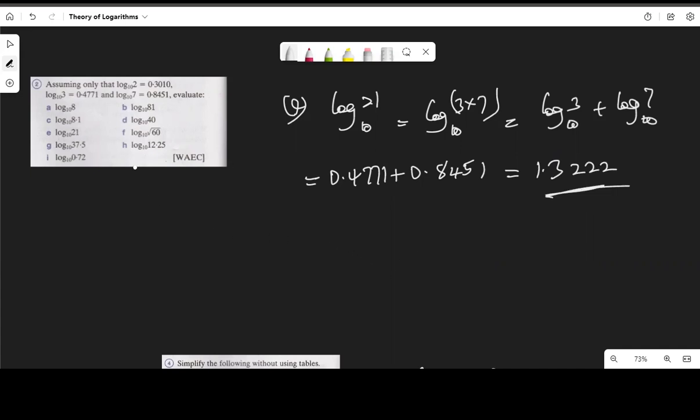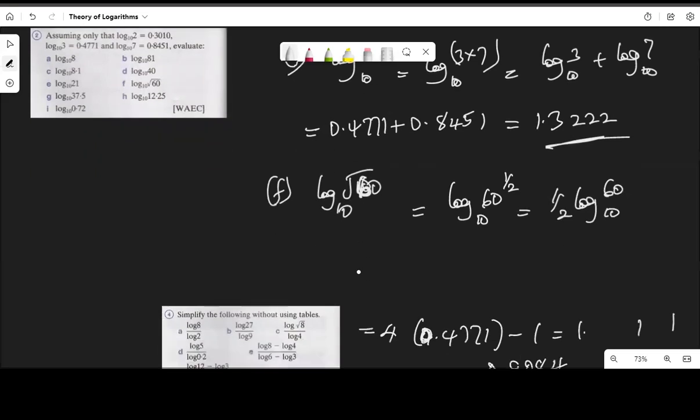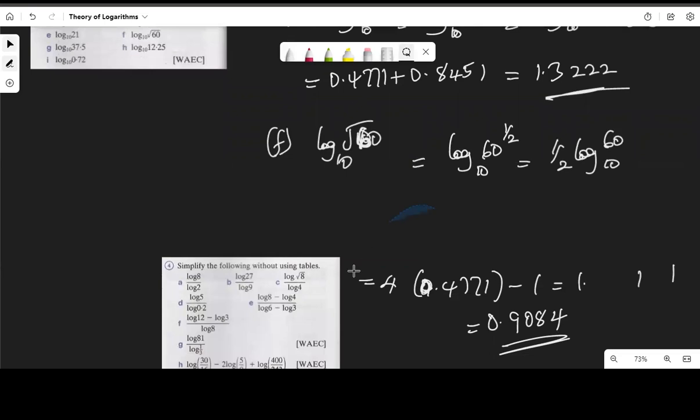Then question F, we have log square root of 60 to base 10, which you can write as log 60 to the power of half to base 10, which you can write as half log 60 to base 10. Now, log 60 to base 10, we can write as 6 times 10.